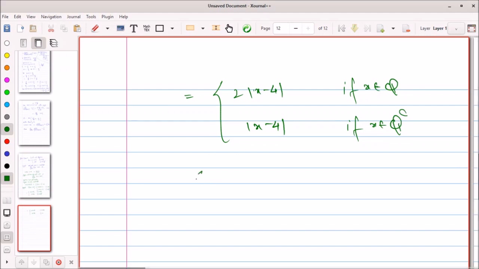So this is obviously less than or equal to 2 times |x minus 4| for every x. So this is my star.